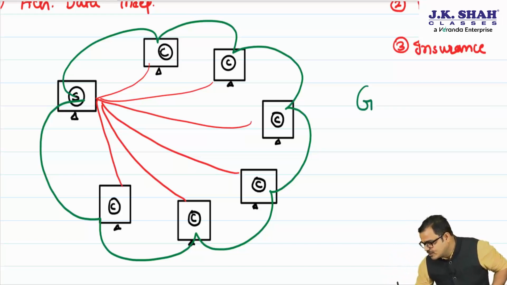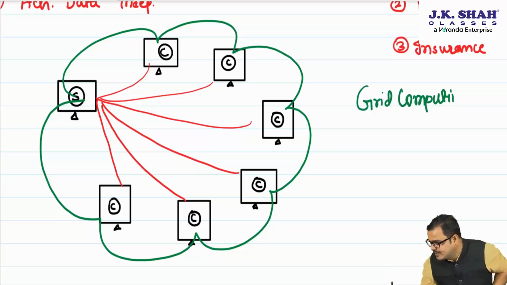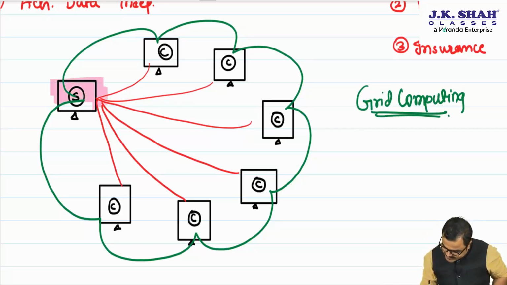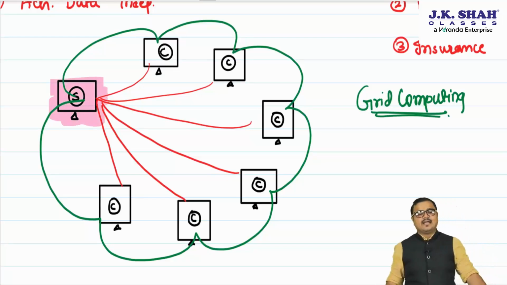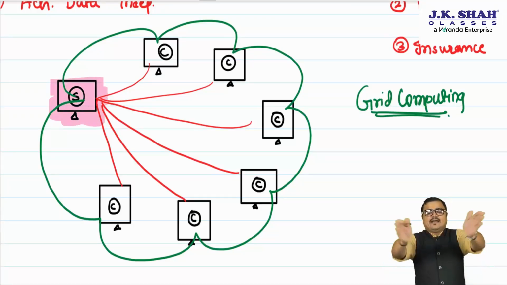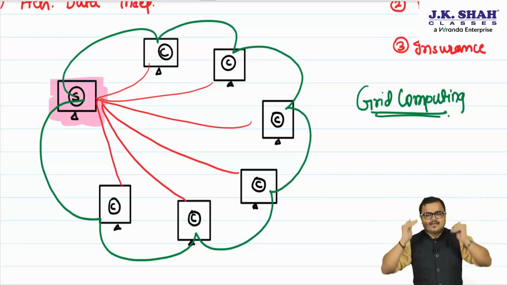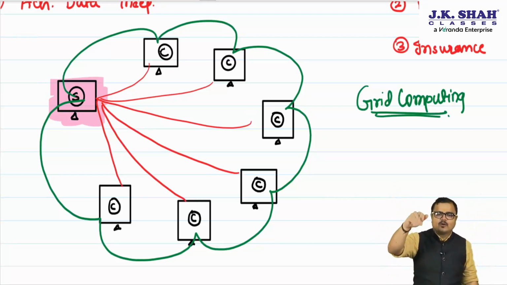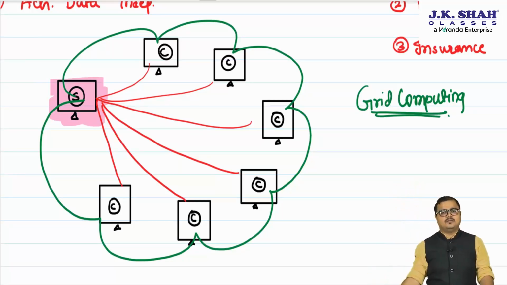So we have come across the very important concept of grid computing. What do we do in grid computing? Sir, in grid computing, one PC which is set up as the server computer is going to divide the work with every client computer which may be located at a geographically distant location.